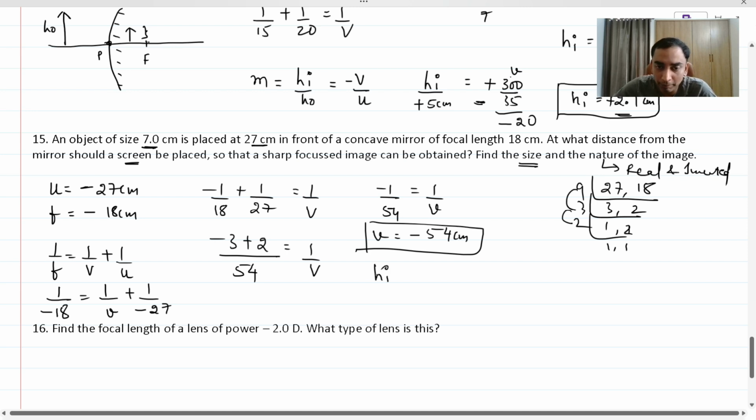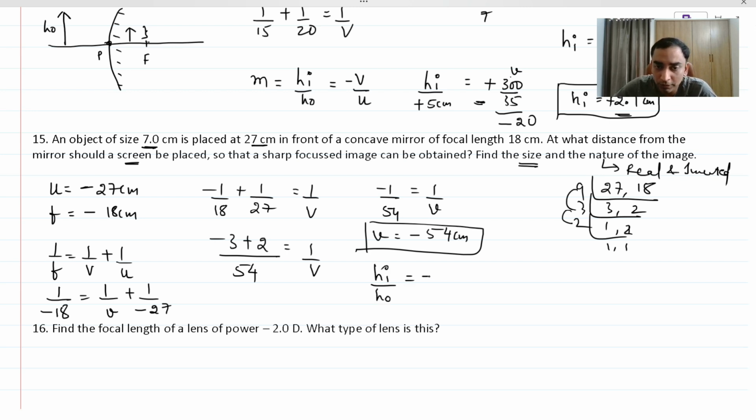So magnification, Hi upon Ho, is minus of v upon u. Height of the image we need to find out. Height of the object, or the length of the object, is 7 centimeters. Ho is positive because all objects are above the principal axis. Please use sign convention very wisely: minus. v is negative, so minus 54. u is negative, so minus 27, right?